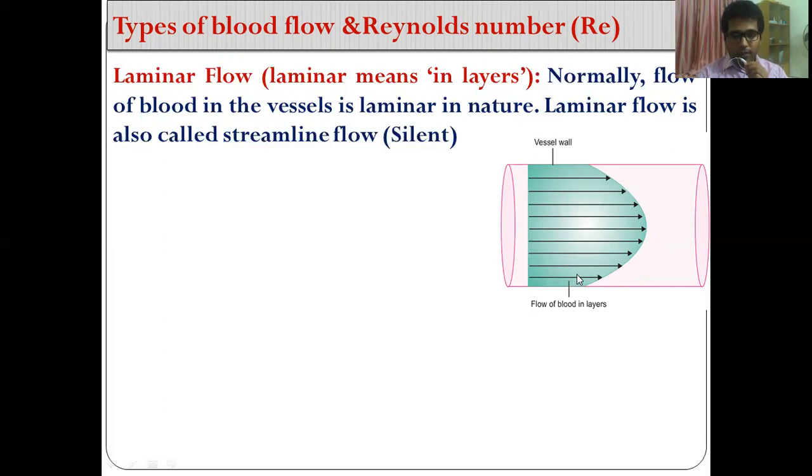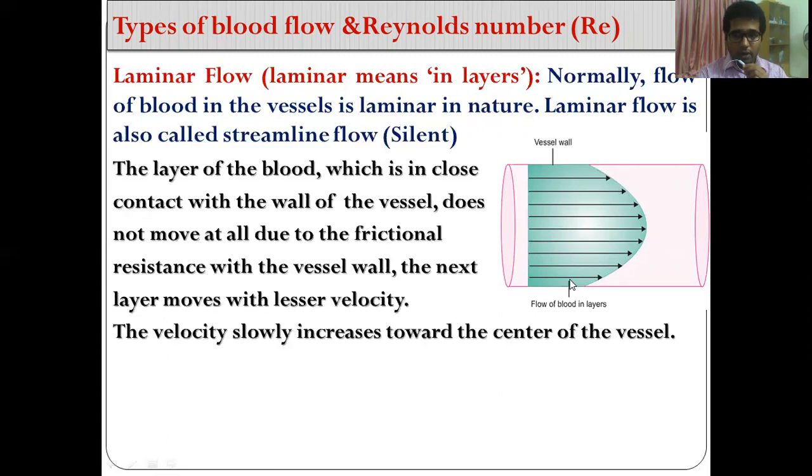The next layer moves with a greater velocity, and gradually towards the center of the stream the velocity increases. At the center, the velocity is maximum. So this is actually a parabolic pattern: the velocity is maximum at the center and lowest at the periphery. This is called laminar blood flow, flow of blood layer by layer.